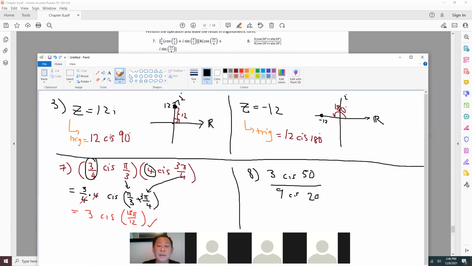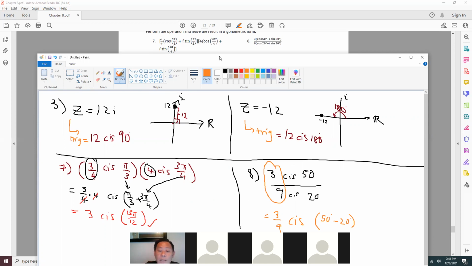So again, when we divide, the R's we divide, but for the angles, we subtract. Don't forget, it's always the top one minus the bottom one. Okay. So this is what we do when we divide.